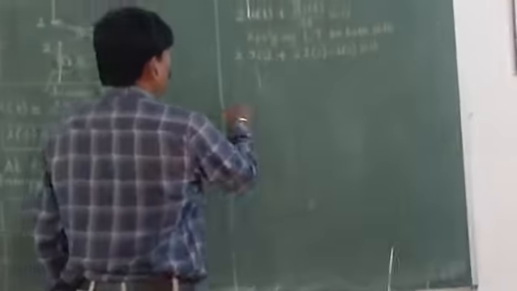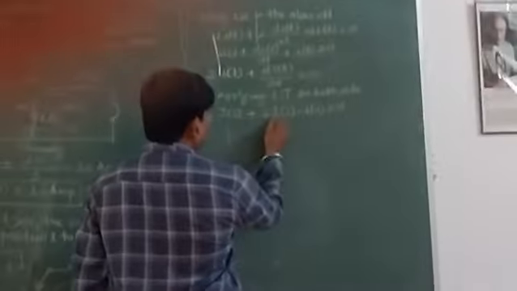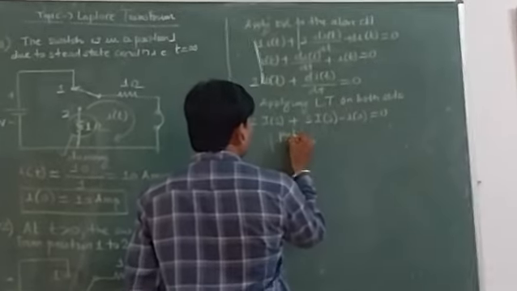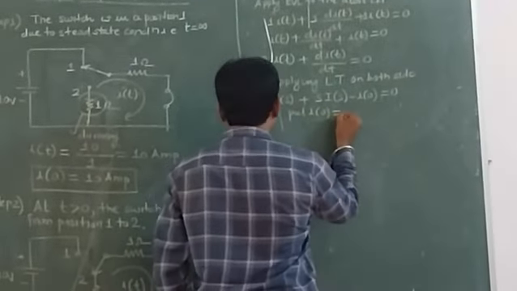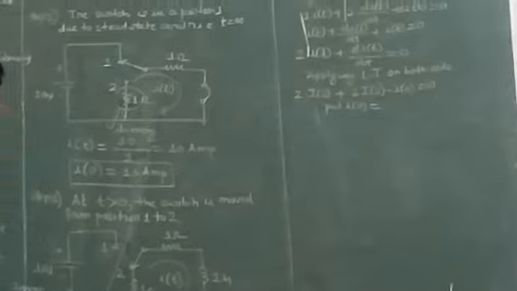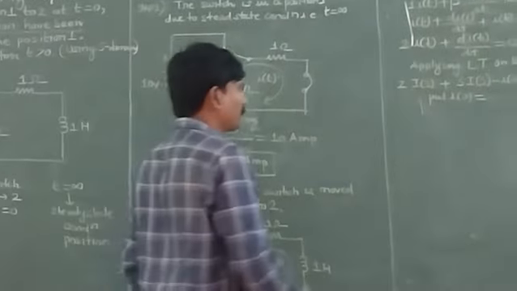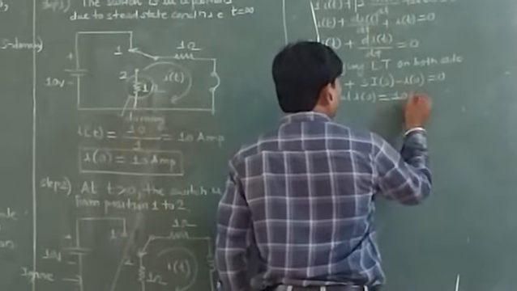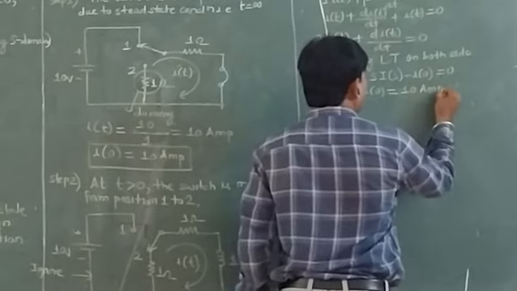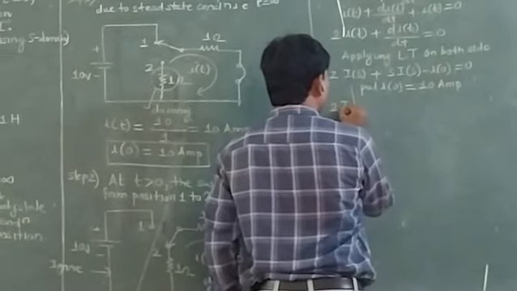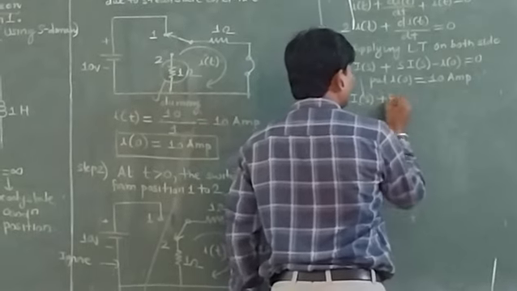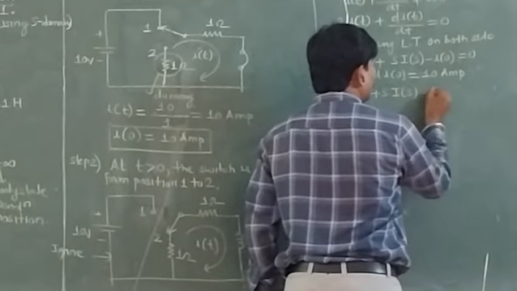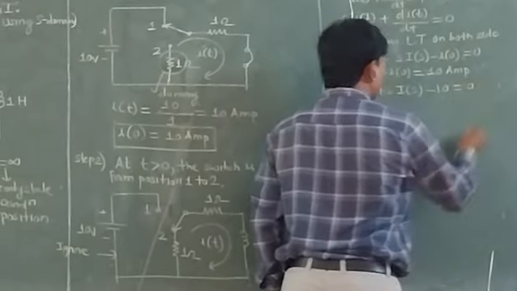Got it? So 2I of s, now put I of 0, the value of which we have found, equals 10 ampere. Therefore 2 into I of s plus s into I of s minus 10 equals 0.